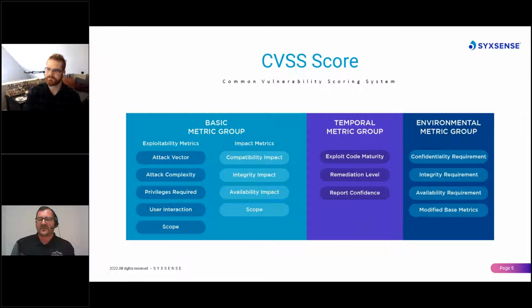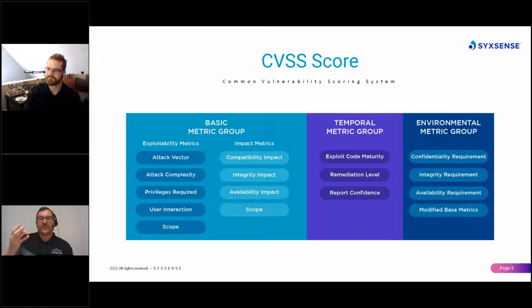And lastly, the scope. The scope is one of the most important metrics here because it means that the vulnerability can break out of its code and into potentially another part of the technology. So in the example, if the Google Chrome browser had a scope of yes or true, we call this a jump point.